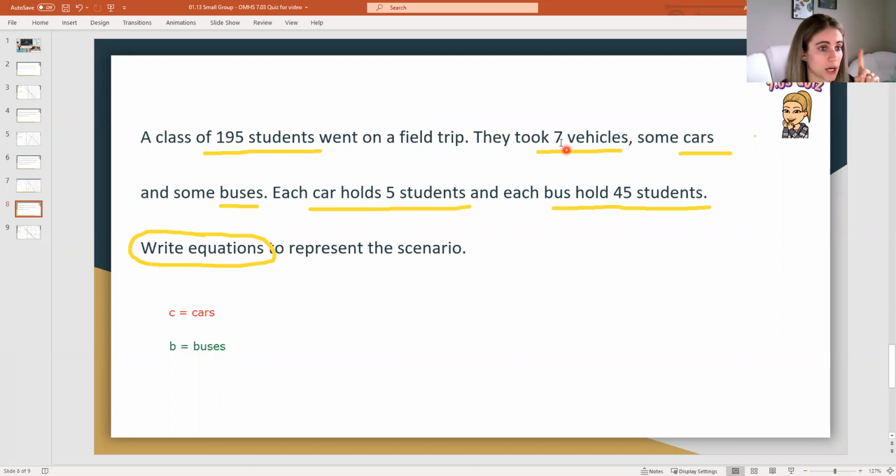Therefore, that's my unknown. So to be more specific, it is the number of cars that were used and the number of buses. All right, once again, let's look for a total. The first total I see is that there were a total of 195 students.